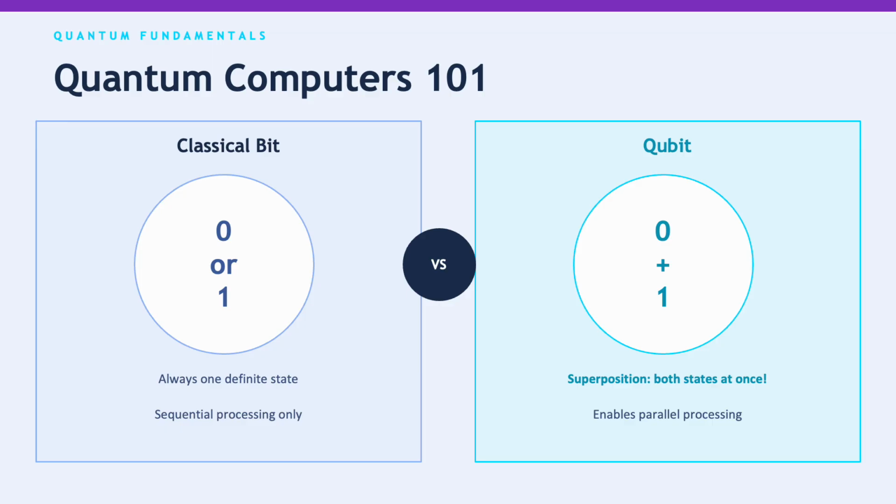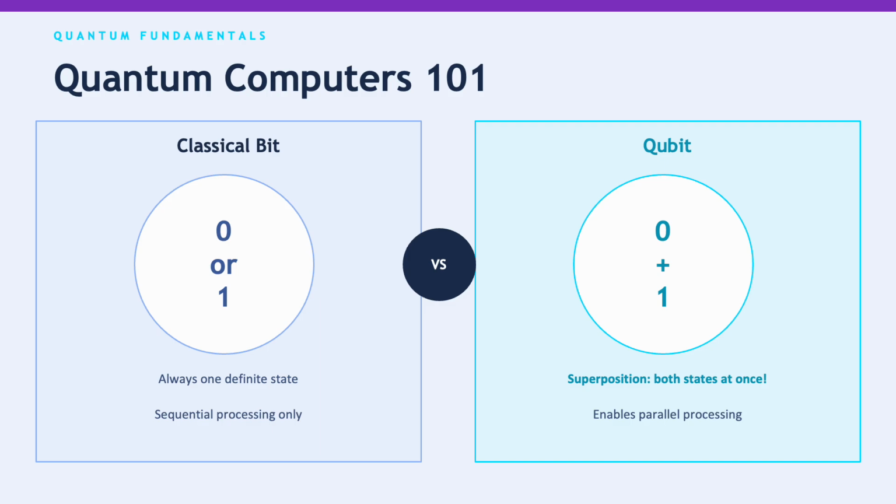A quantum computer uses something called qubits instead of regular bits. A qubit is special because it can be in a state of 0, a state of 1, or, and this is the mind-blowing part, both 0 and 1 at the same time, as in superposition, as we have been discussing in our previous discussions.